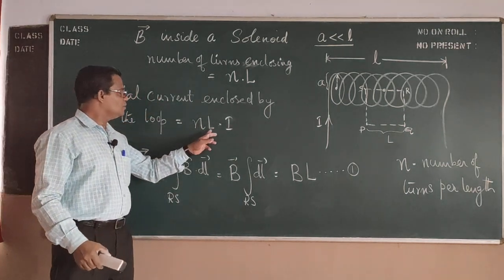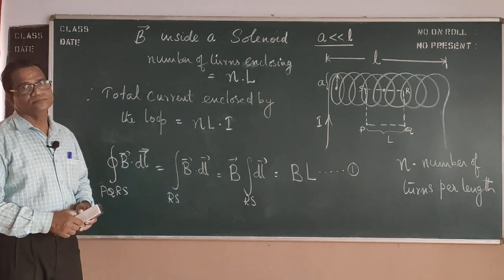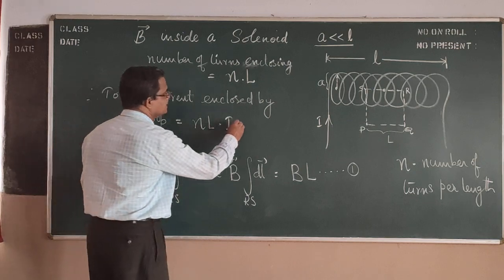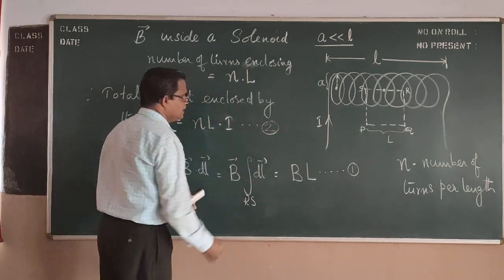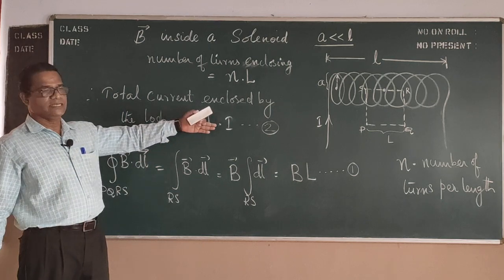So n into L into I, where I is capital. This will be the second equation and this will be the first. So you are getting the left hand side and also the right hand side.